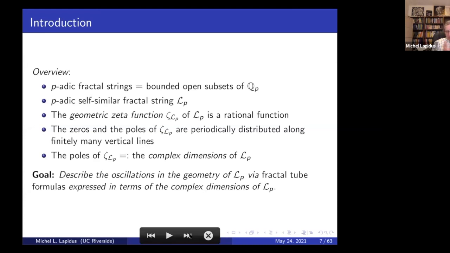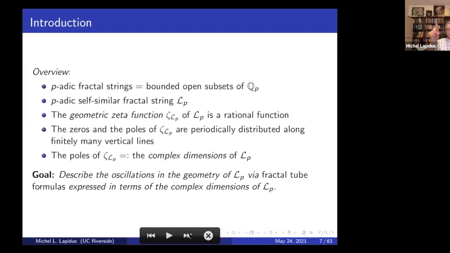Let me give you an example. In the Euclidean case, consider the Cantor curve, this famous curve, or the devil's staircase as it's called in fractal geometry, that is this curve that is monotonically increasing from 0 to 1 and is piecewise constant on the complementary intervals of the Cantor set, that is, on the intervals that you obtain by constructing the usual Cantor set, the ternary Cantor set in the real line.